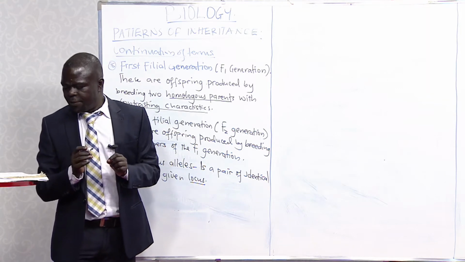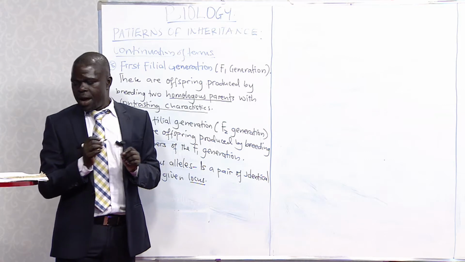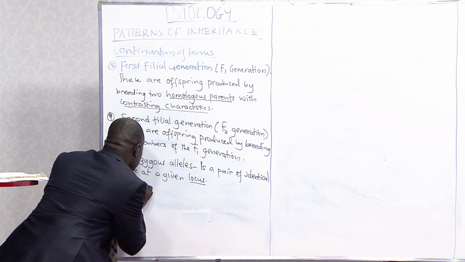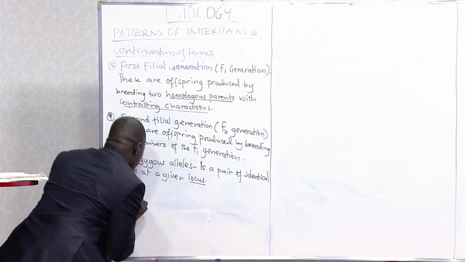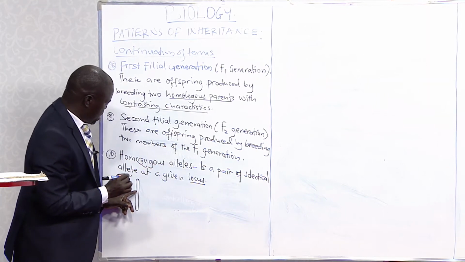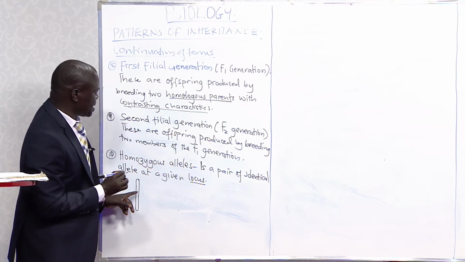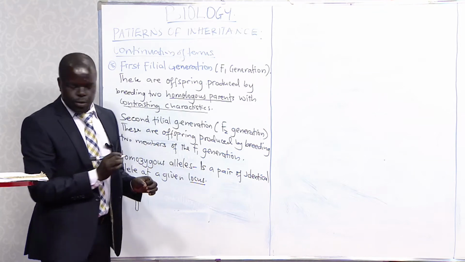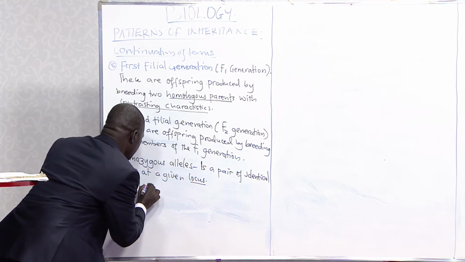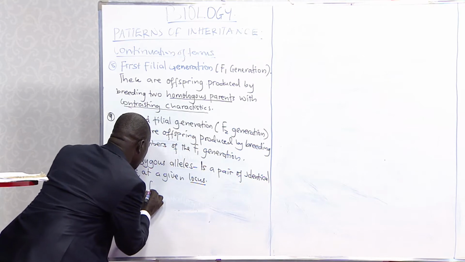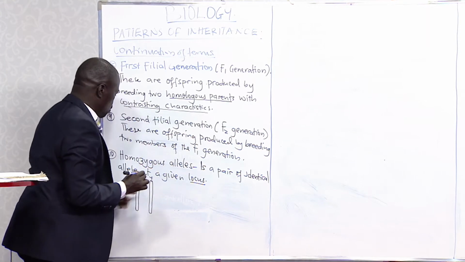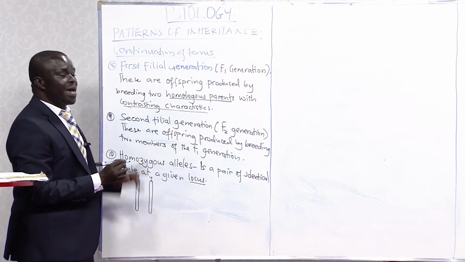So let's look at a pair of alleles. If this illustration we are looking at is an allele, an allele is an alternative form of a gene. You can have an allele on X and another allele on Y. These two are alleles, and they form a gene.